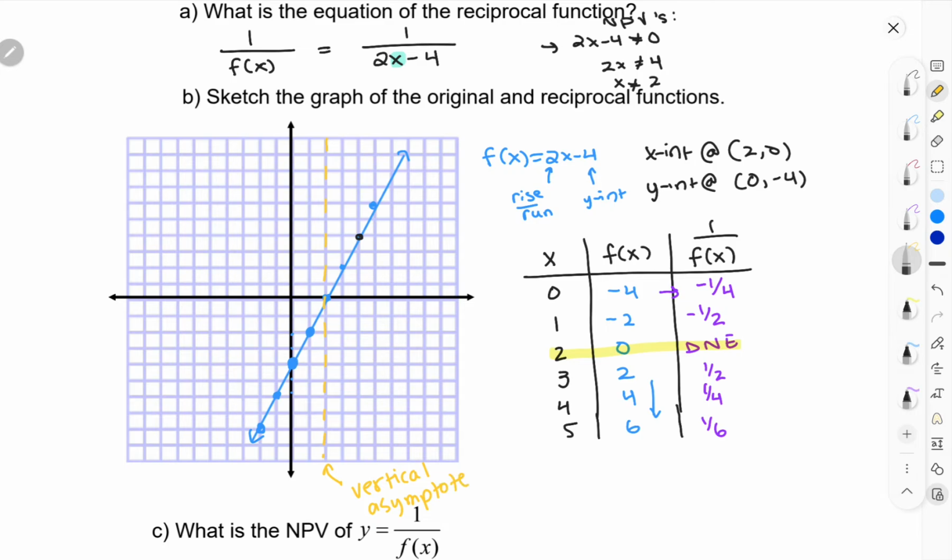It's kind of like a fence. Because I'm not allowed to ever have that value on my graph, it's a line that my graph now can't cross, because if it crossed that value, that would mean at some point it was equal to that value. I'm going to give it an equation: x equals 2, because it's a vertical line, just like our axis of symmetry in the quadratic functions unit.